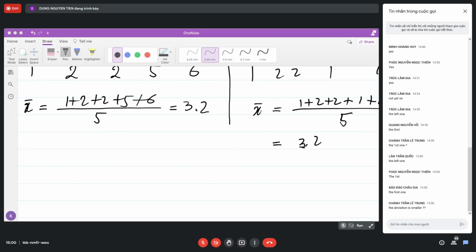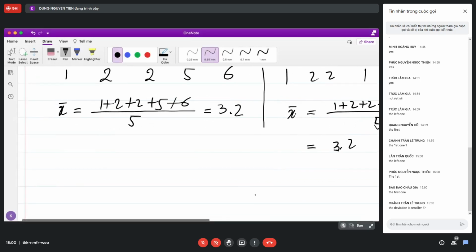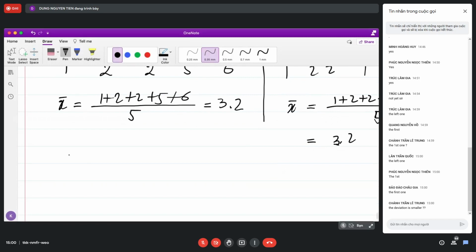The deviation is smaller. That is a very good comment. I think that is a very good point. We can compute the deviations. Let's say the variance first.